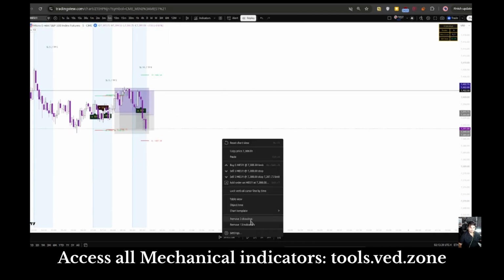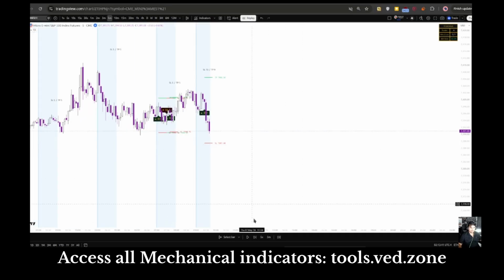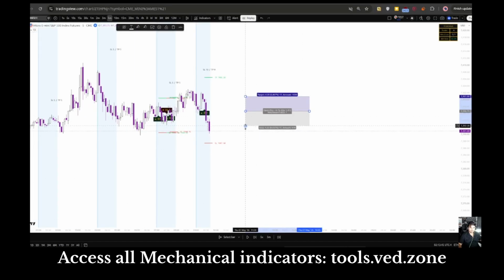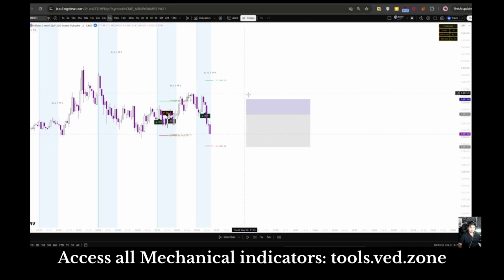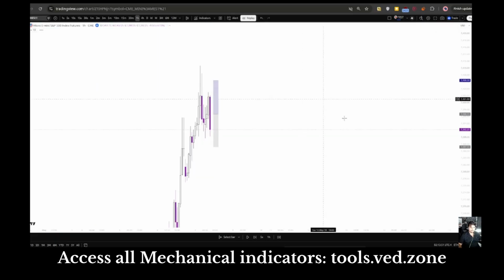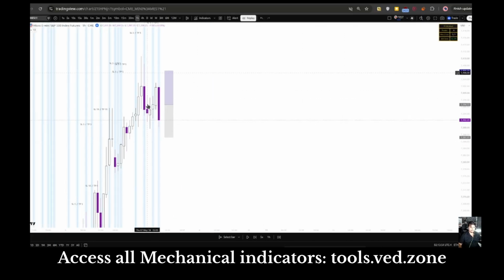There was another signal. Let me remove all the drawings. Long here, stop loss here, right? Now let me go to the 1 hour chart and see how the 1 hour is looking. Again, on the 1 hour, there was a clear displacement, meaning this could be a potential order block where the market could test and potentially come down to all this liquidity, right?